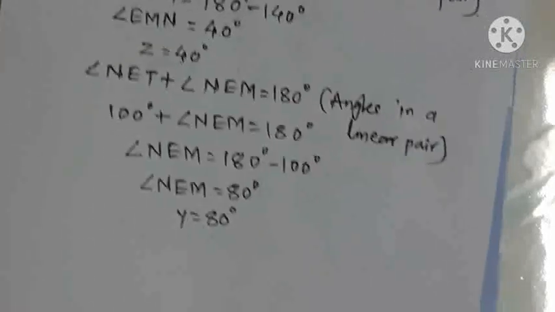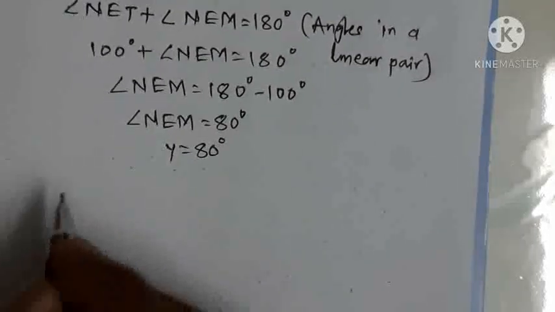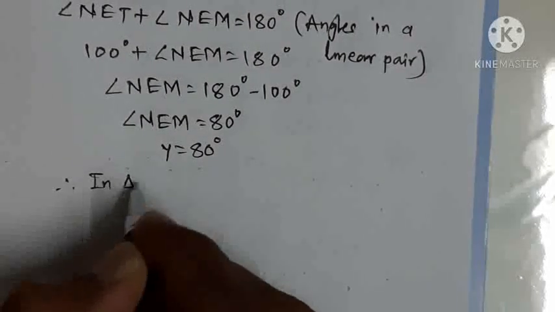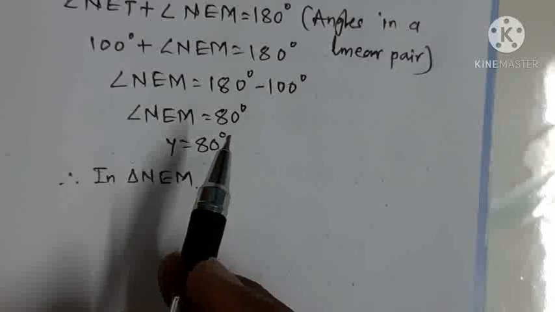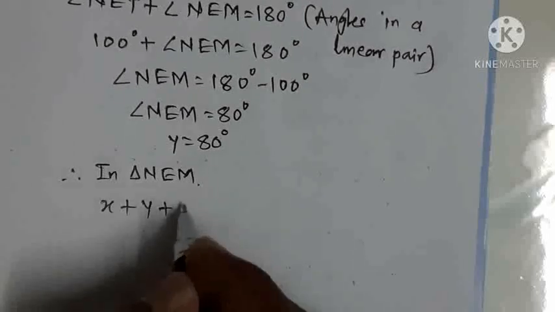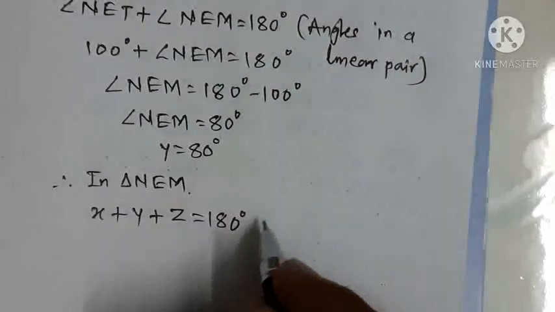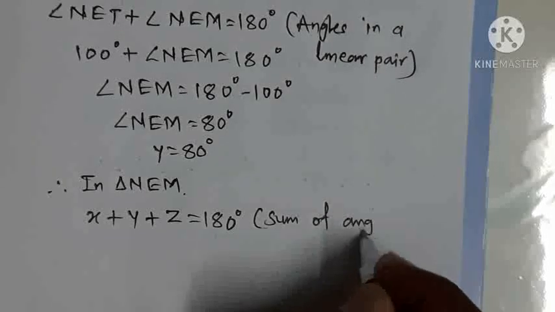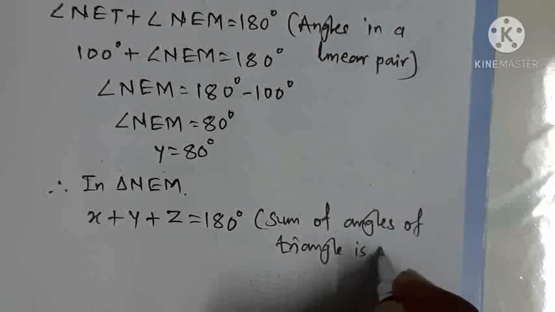Now again find the value of X. We know that sum of all angles of a triangle is 180 degree. Therefore, in triangle NEM, angle N plus angle E plus angle M is equal to 180 degree. That is X plus Y plus Z is equal to 180 degree, because sum of angles of a triangle is 180 degree.